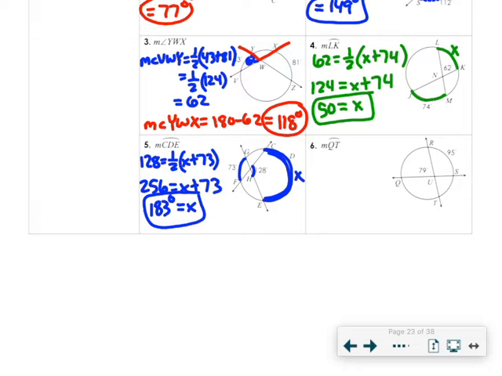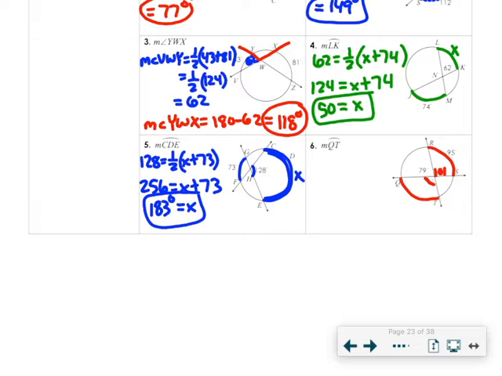Number 6, same type of idea. We have one little trick first. They want the measure of arc QT. We'll mark that arc, highlight it. It's related to this angle, and this arc. Well, we don't know that angle technically, but if this is 79, then this has to be 101 because these two make that linear pair.